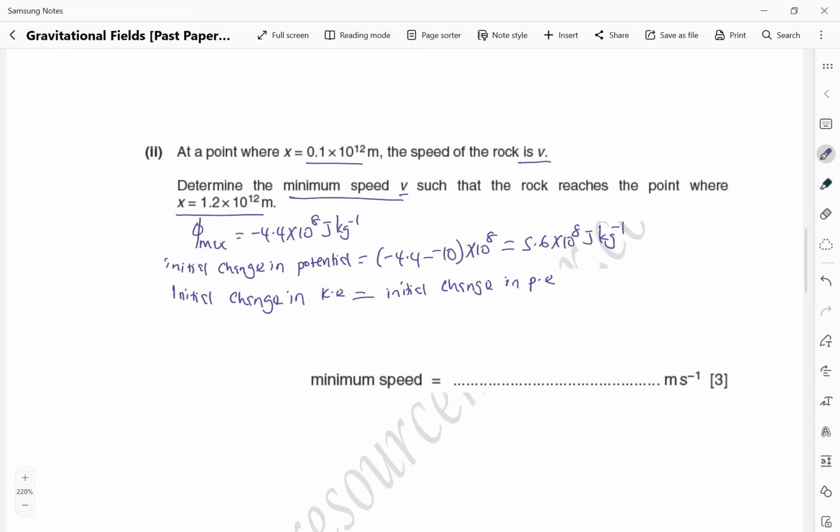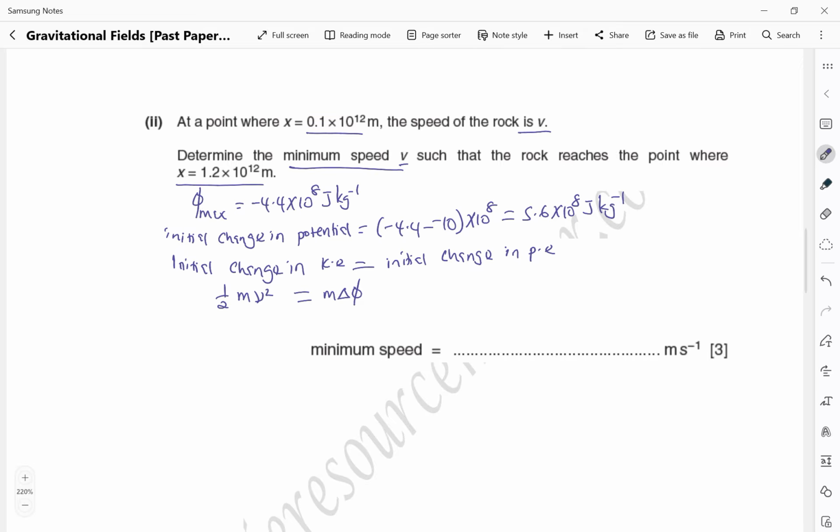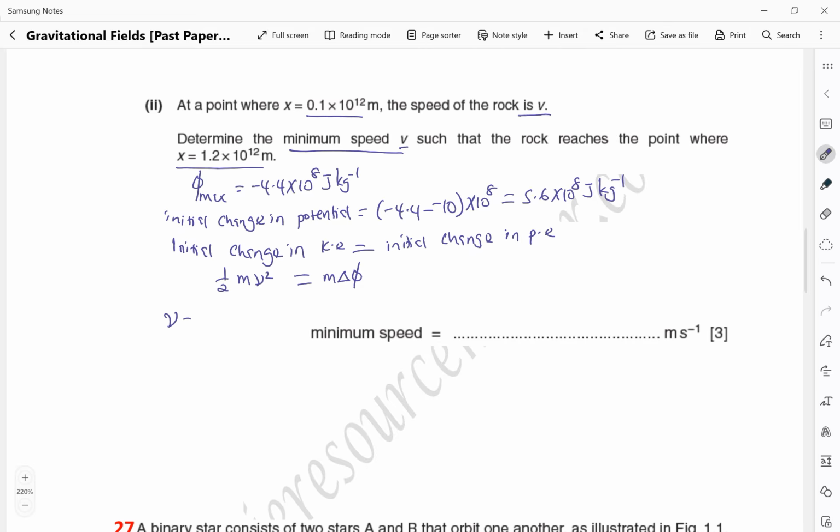So the initial change in kinetic energy is a half mv squared. Of course, at maximum potential, the kinetic energy should be 0. So half mv squared is equal to mass times change in potential, which means v equals the square root of 2 times change in potential, because m cancels out.